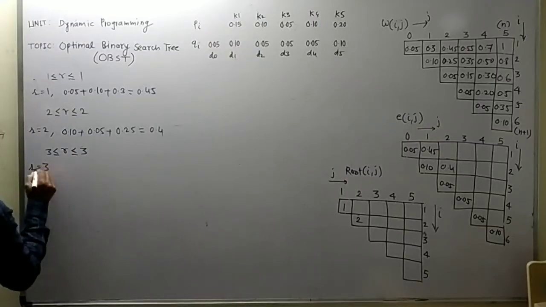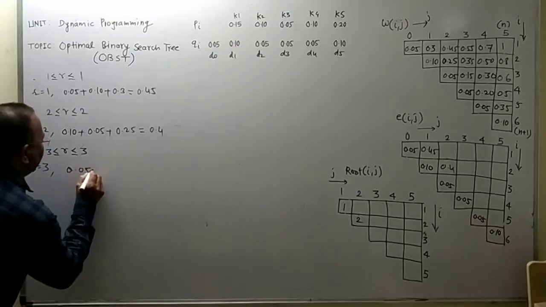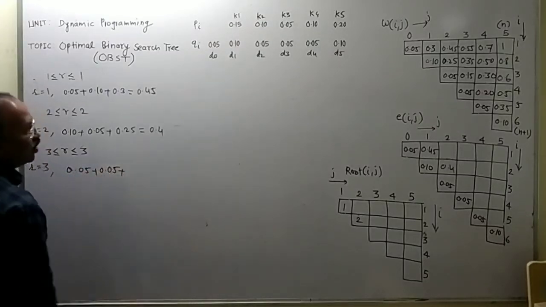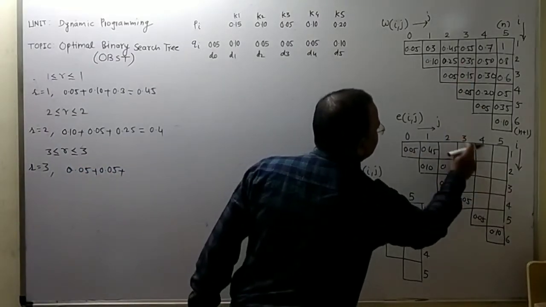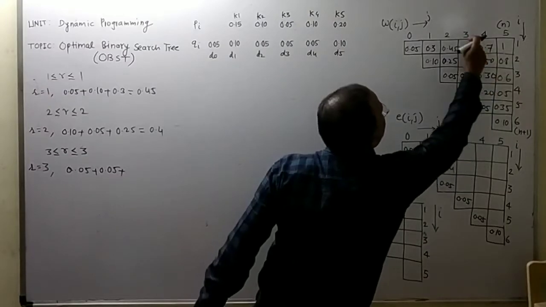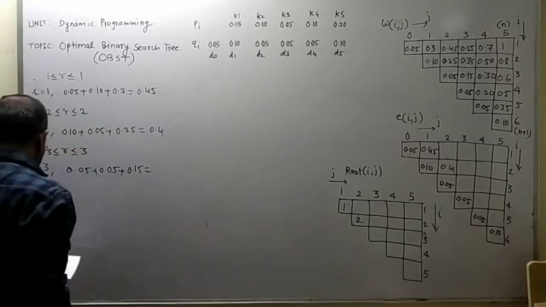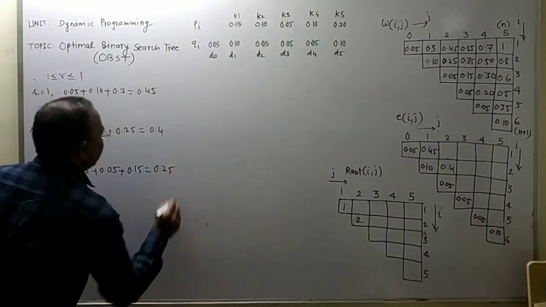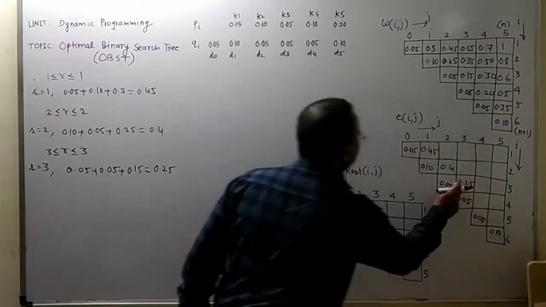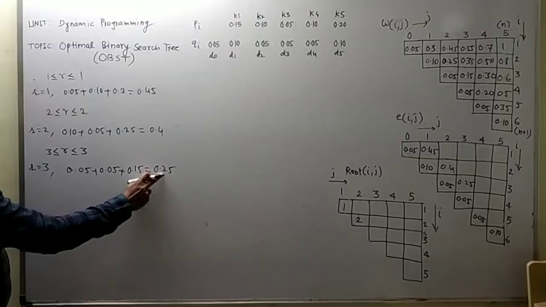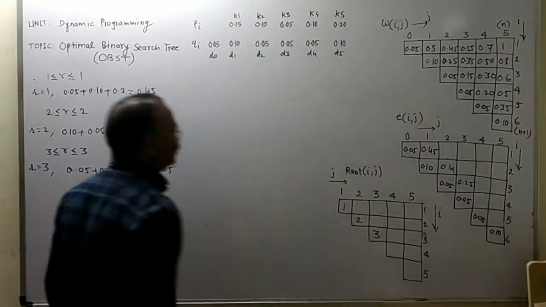For R is equal to 3, 0.05 plus 0.05 plus value at W tables at 3 cell, that is 0.15, it comes to 0.25. So write 0.25 and we have got 0.25 for R is equal to 3. So that's why write here 3.